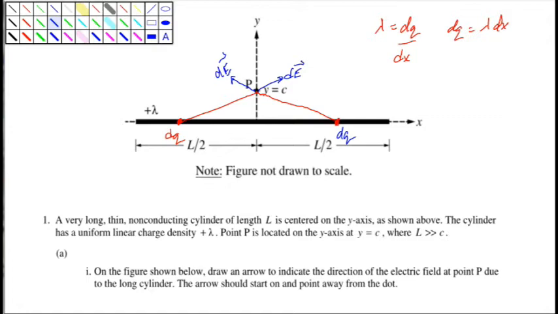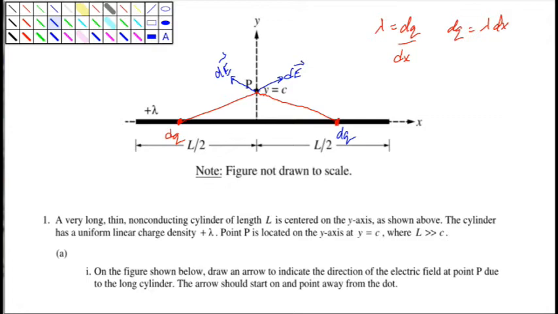This part of the problem doesn't ask us to find the magnitude of the E field, only the direction. And what we notice is that point P is placed midway between the endpoints of the non-conducting cylinder.